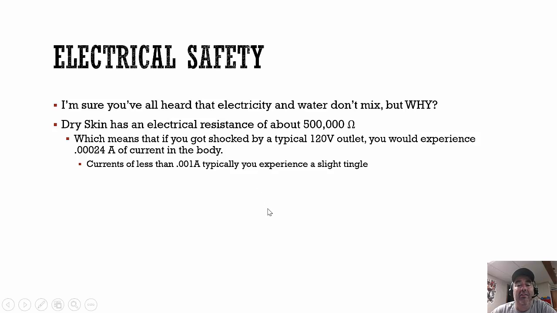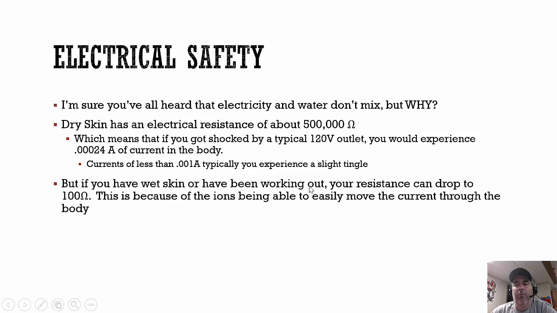Okay, but let's examine working out. Let's examine getting out of a pool. Let's examine taking the shower or bath. If you have wet skin, your resistance drops to about 100 ohms. So notice we went from 500,000 to 100. So resistance went way down. Because they are indirectly related, you're going to notice that current's going to jump up.